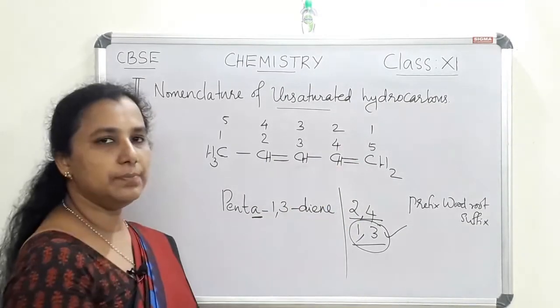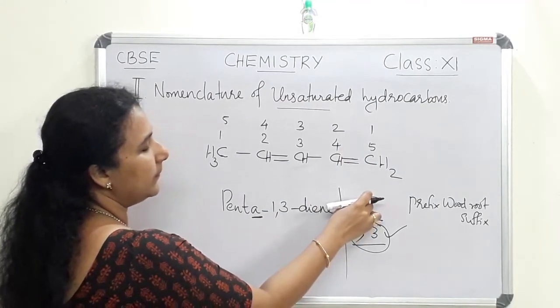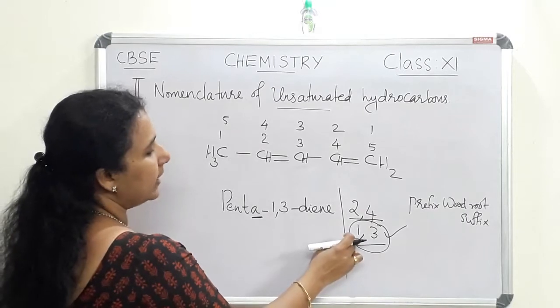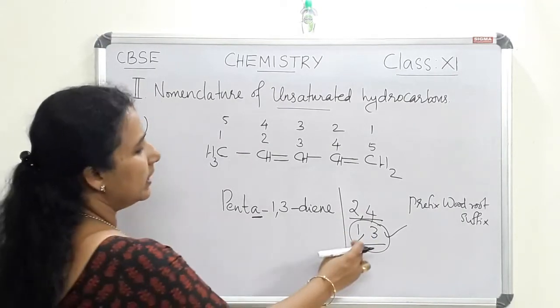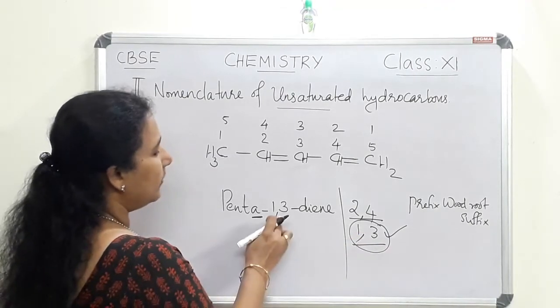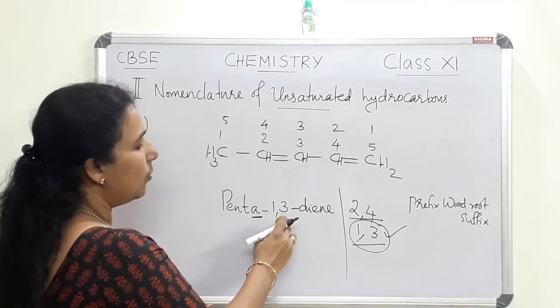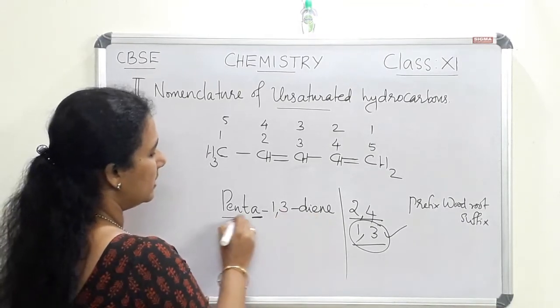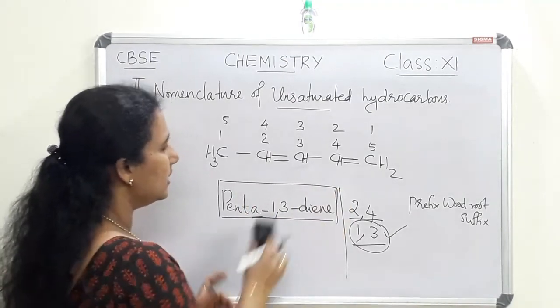We have to check all the possibilities. In the first possibility, second and fourth positions are having the double bond. In the second possibility, first and third positions are having the double bond. So this is the lowest set of locants, so we need to consider this, and 1,3 is the correct set of locants. So the name is penta 1,3 diene. This is the IUPAC name of this compound.